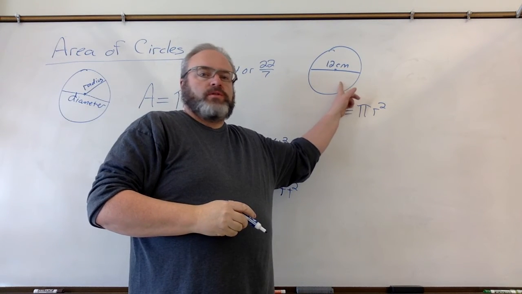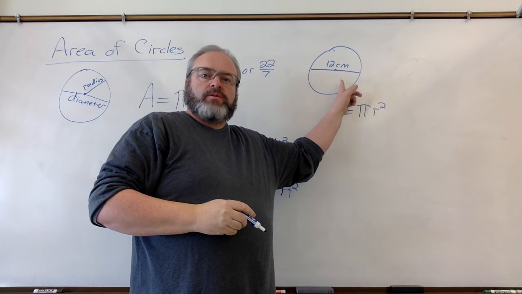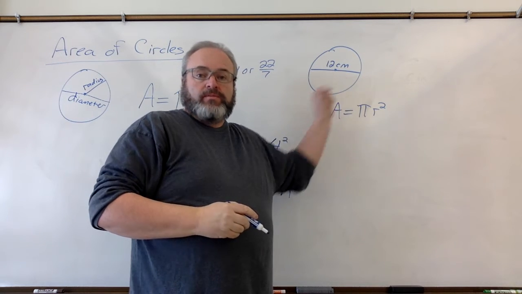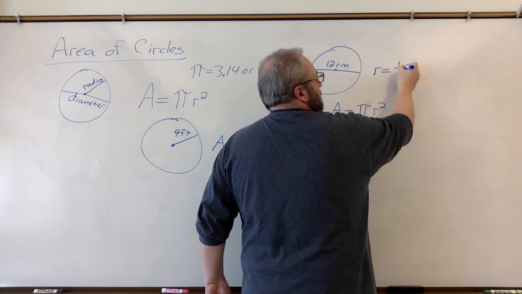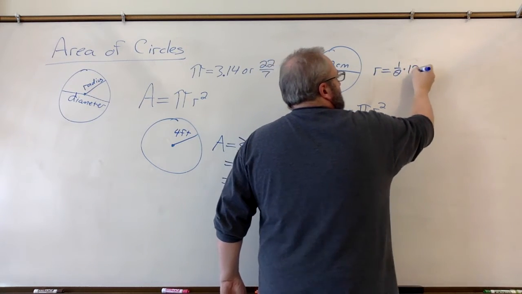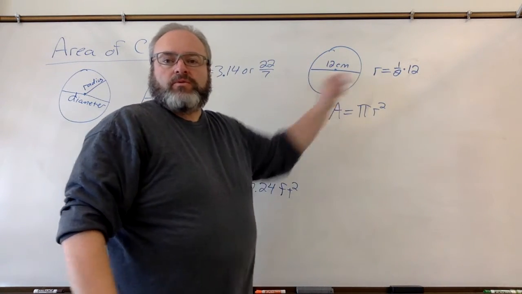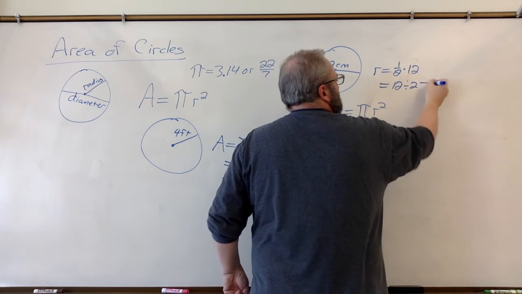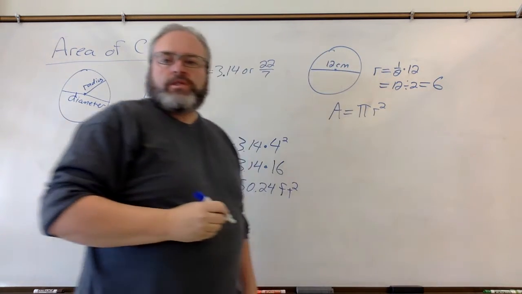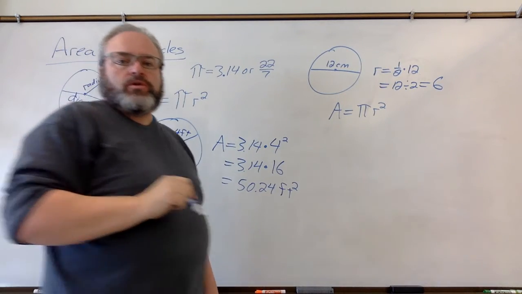The problem is we don't know the radius. The diameter is 12. So to find the radius, it's half of the diameter, half of 12, which is 12 divided by 2, which is 6. So that's the number we're going to use.